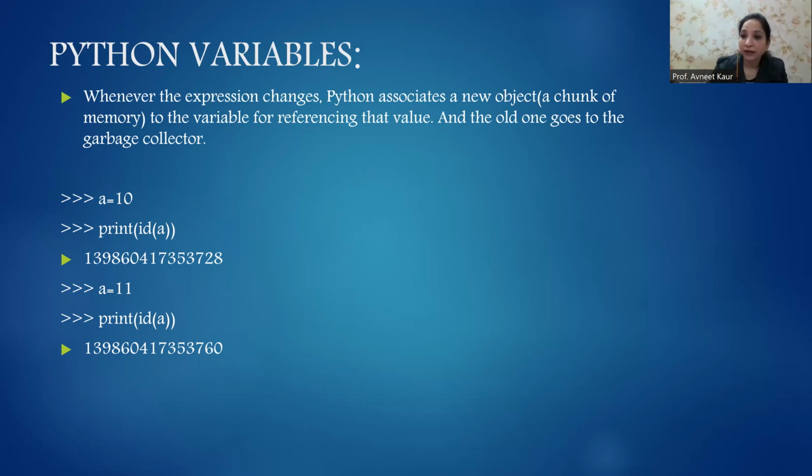This variable a earlier had the value 10. Now a is equal to 11, so it gets overwritten, and Python associates a new object, a chunk of memory, to it, which you can check. If I again pass id and print, then a new memory location is allocated to it.